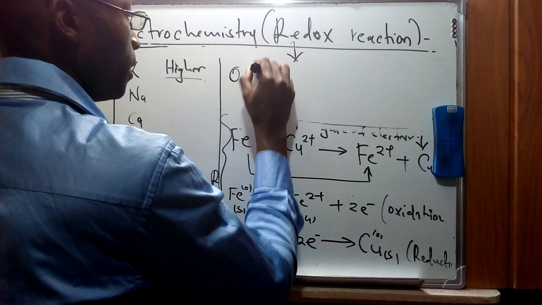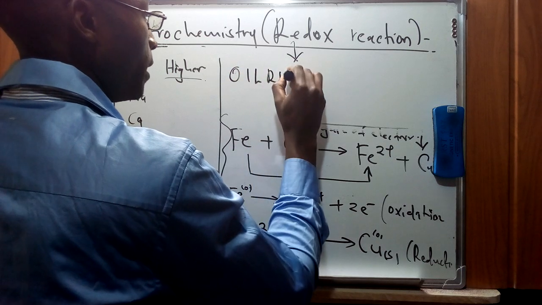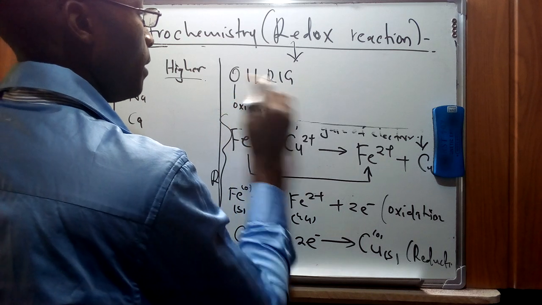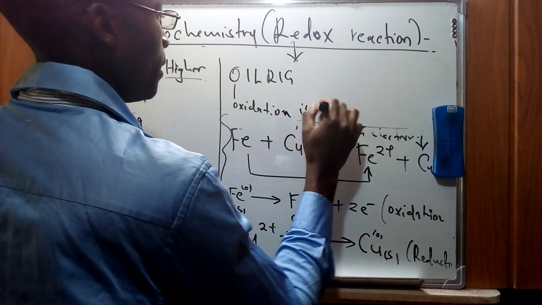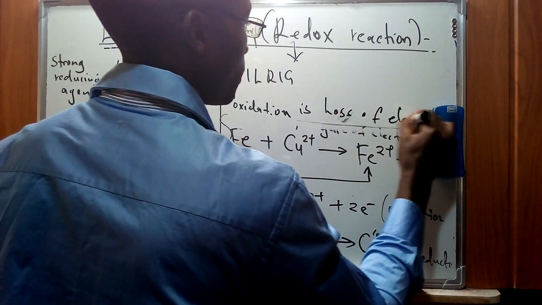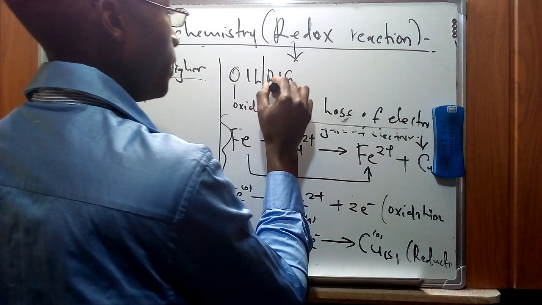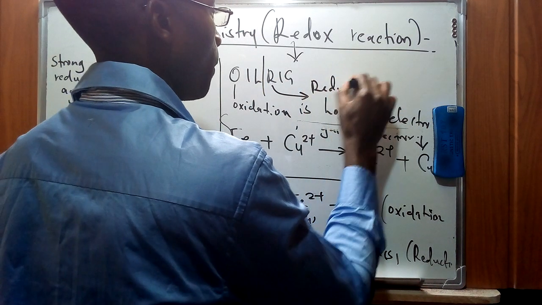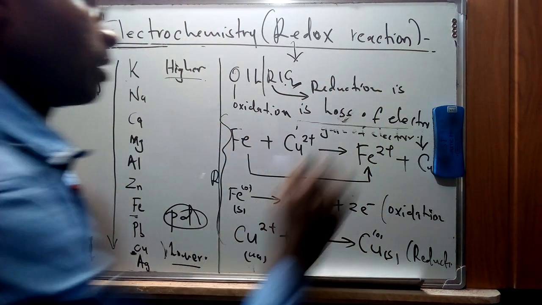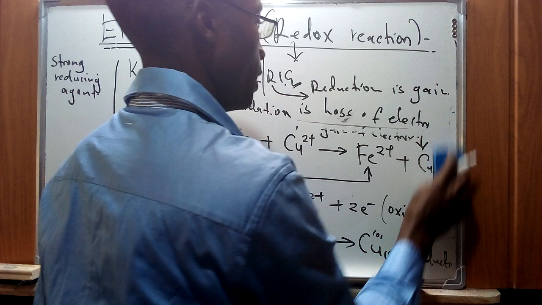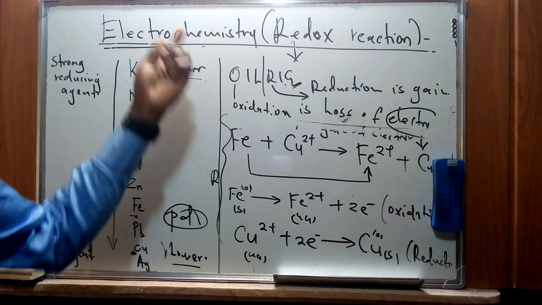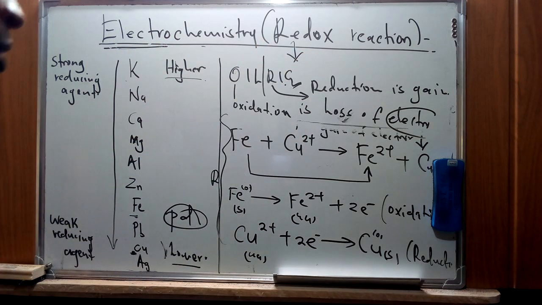This is the acronym OIL RIG, whereby oxidation is loss of electrons while reduction is gain of electrons. So basically, when we use that concept of electron transfer, we're going to understand the concept of electrochemistry insofar as redox reactions are concerned.